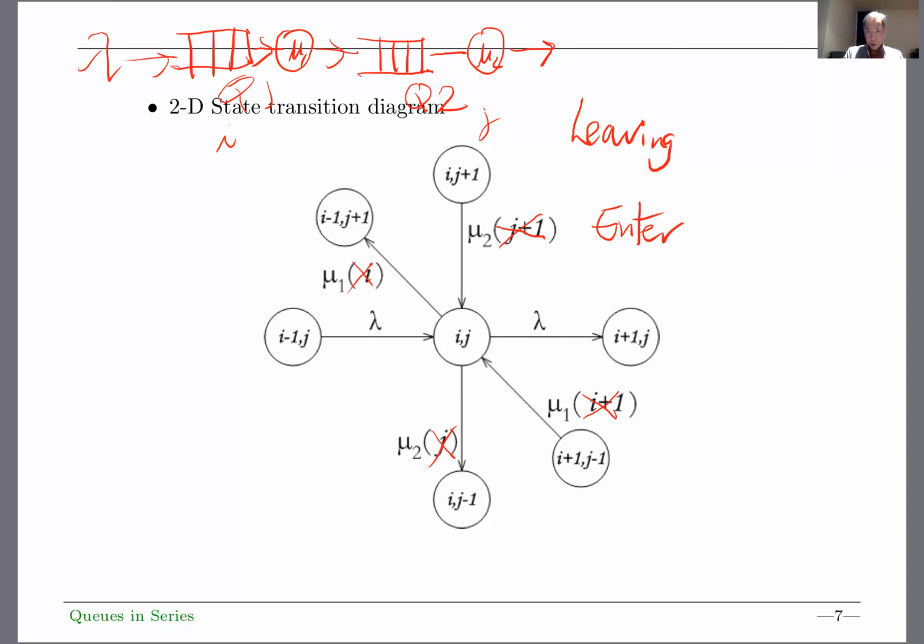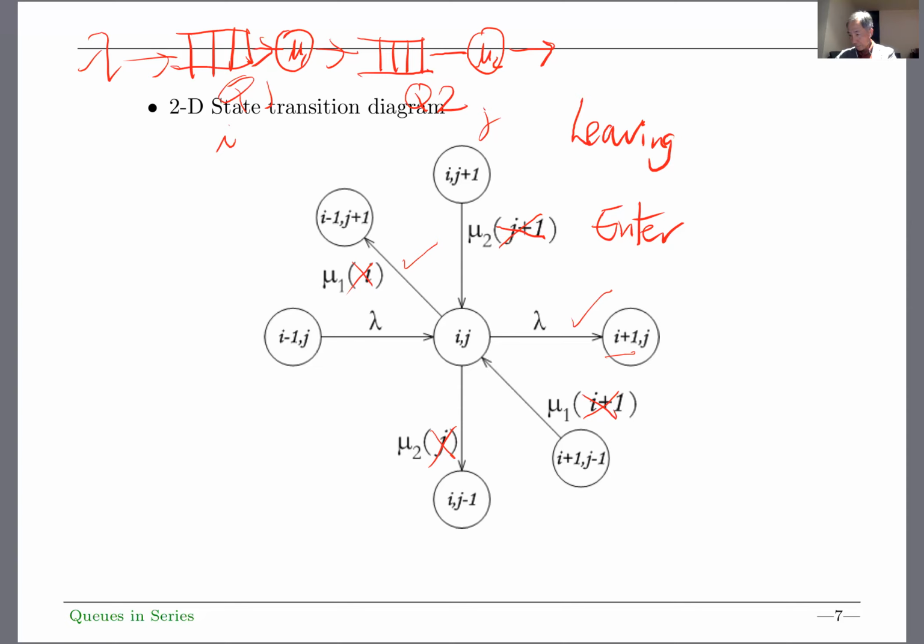So let's look at the leaving of IJ. One of these is this one, leaving IJ. That's one part. What happens? If you are in IJ and there is an external arrival, then I becomes I plus 1. And the other one is this one: I minus 1 in Q1, J plus 1 in Q2.